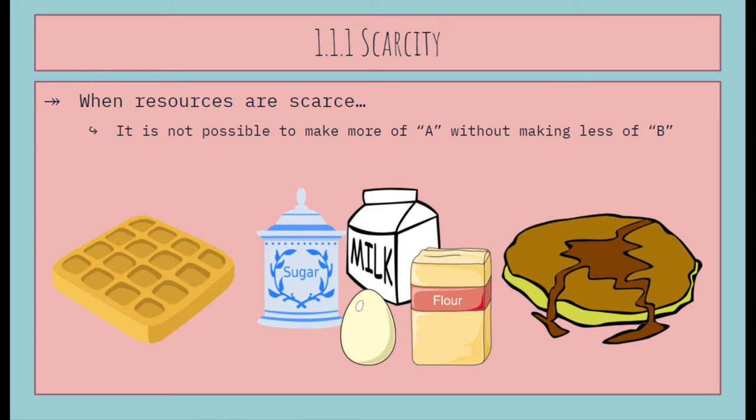I have exactly enough flour, eggs, milk, and sugar to make one waffle or one pancake. But what if I want one waffle and one pancake? Is that possible? No. There are not enough resources to do that. In order to make a pancake, I must give up the opportunity to make a waffle. This is scarcity of resources.